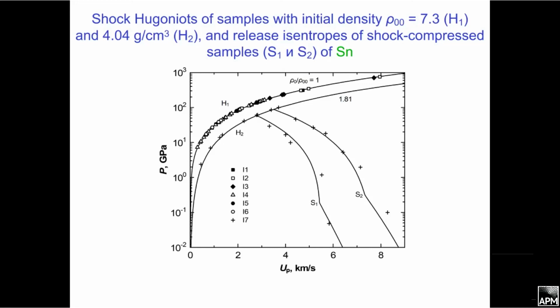This change of slope of the release isentropes corresponds to the beginning of evaporation of material at expansion. Here the material is in one phase state, and here in two phase states, liquid and vapor.